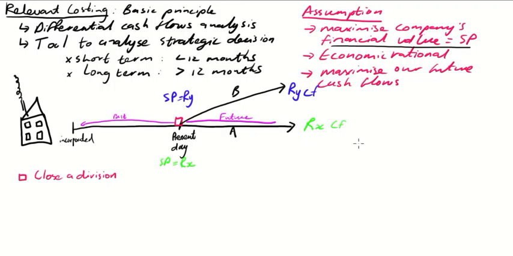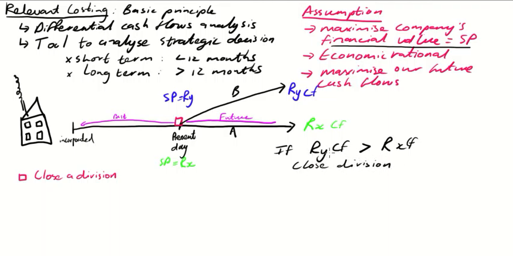So if the cash flows from future B are higher than the cash flows from future A, then we should close our division, because from an economic point of view, it makes sense.